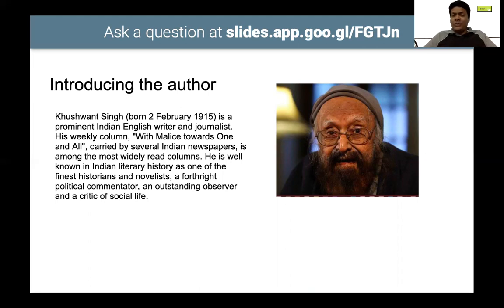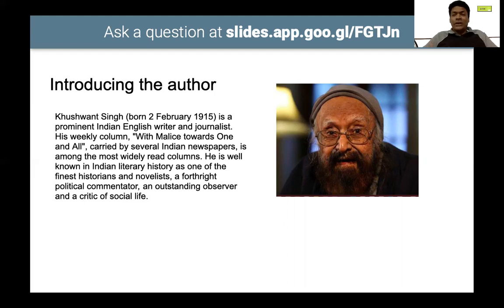Several Indian newspapers. So he is one of the most renowned writers whose written columns are widely read.